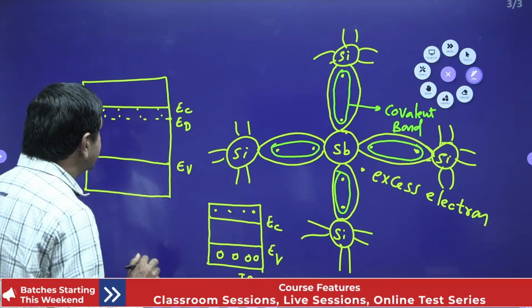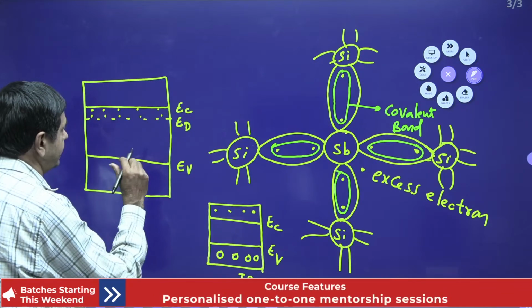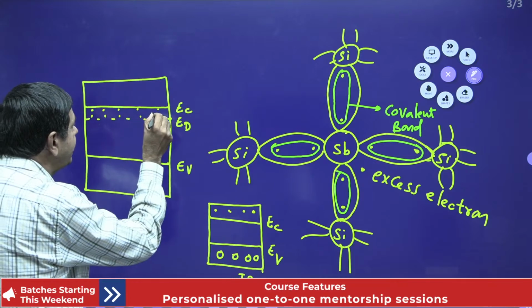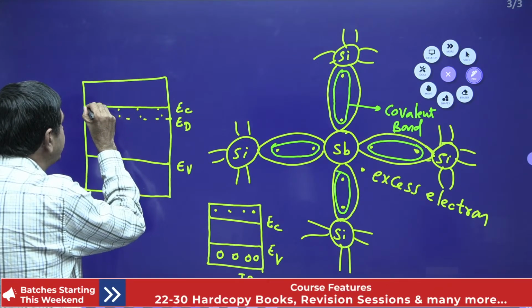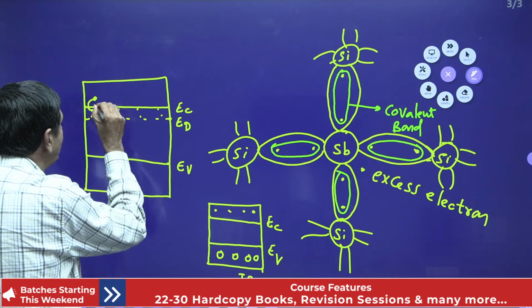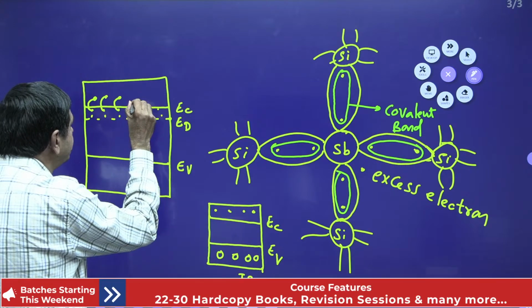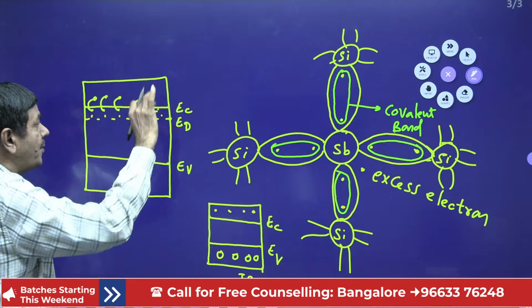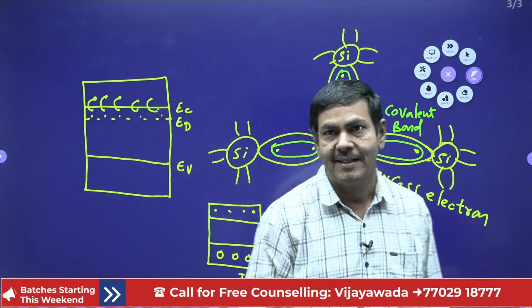But in the n-type extrinsic semiconductor, what happens? Due to increase of temperature, these electrons need very little temperature to move from here to here. This electron will try to move and occupy this space only now. Like that, a number of electrons move and occupy the space in the conduction band due to temperature.